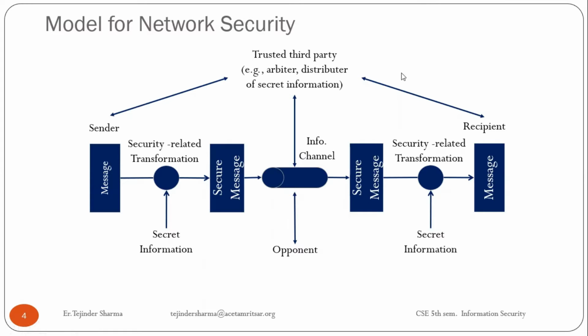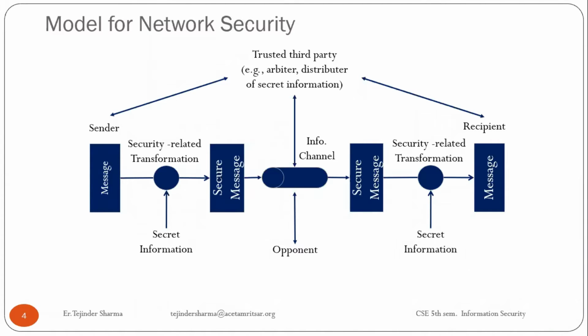After securing the information, the message becomes secure and is passed on the information channel. Then the secure message is received by the receiver. He will deploy the decryption algorithm using the same shared secret information to decode the ciphertext into the plain text.